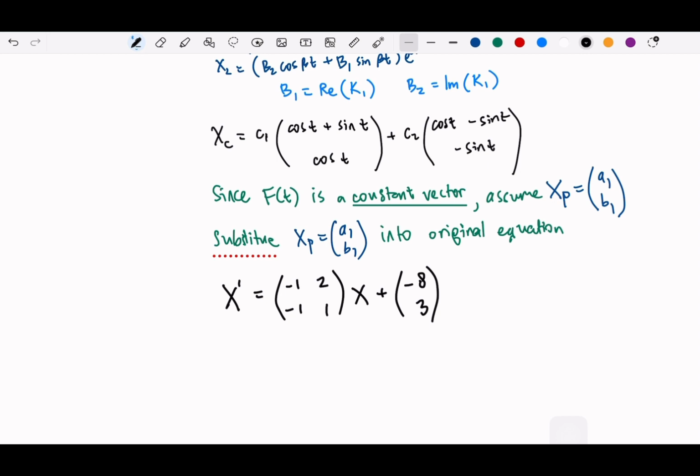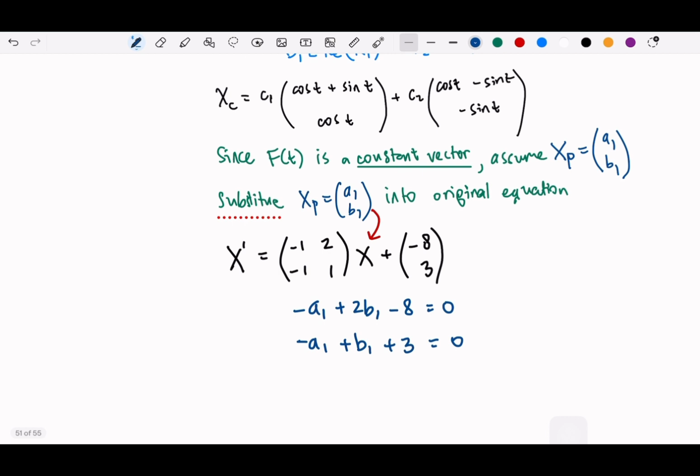So we substitute the a1, b1 for the x. This gives minus a1 plus 2b1 minus 8, and minus a1 plus b1 plus 3. Suppose we solve this equation, which will be equal to 0, and then we can solve this linear system.